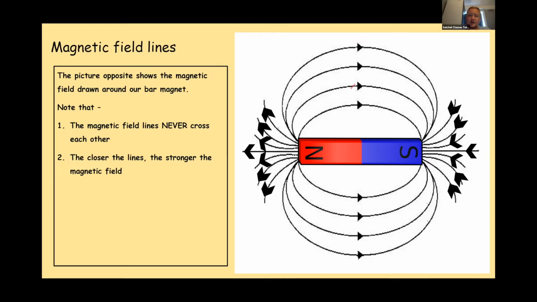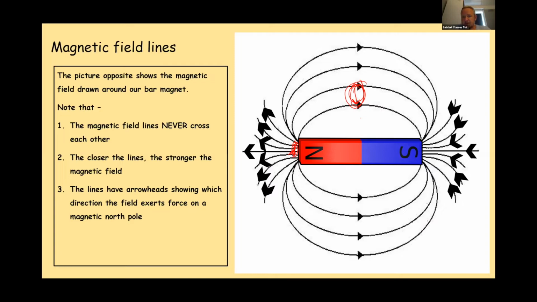Between here and here, we have a fair bit of space, but between here and here, there is much less space. That means that these field lines are much closer together than these are. So a magnetic material like a paperclip placed here would feel a magnetic force on it much more strongly than this one here.